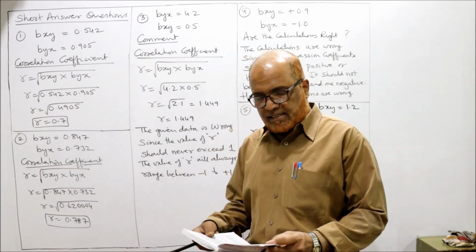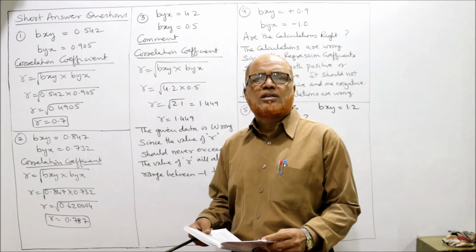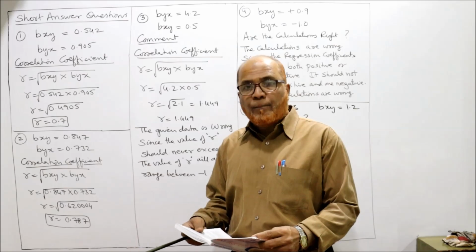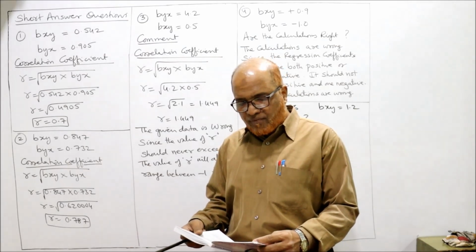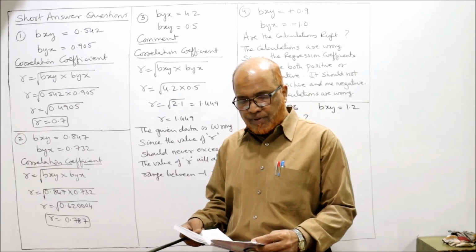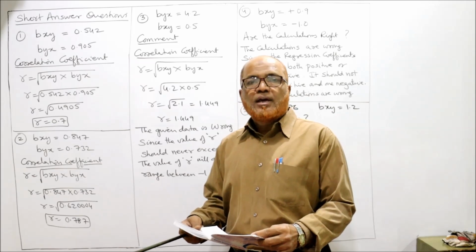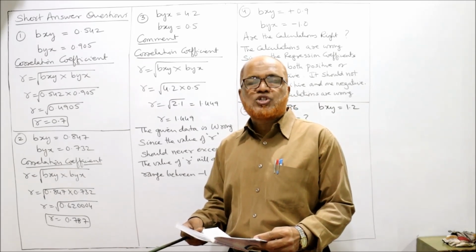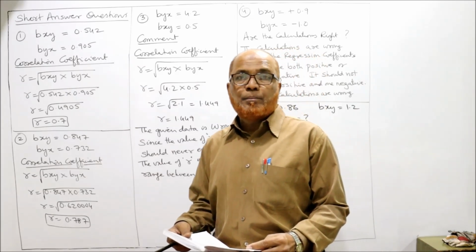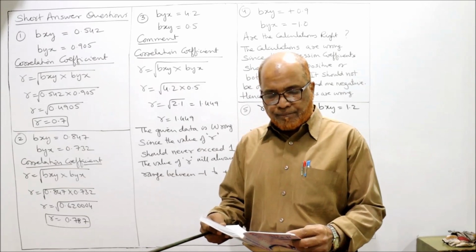The third short question says, comment on the following. You are not required to calculate anything, it is just asking you to give a comment on the sentence given. For a bivariate distribution, the coefficient of regression of Y on X is 4.2 and the coefficient of regression of X on Y is 0.5. एक bivariate distribution में regression coefficient of Y on X 4.2 है, BYX 4.2 है and X on Y 0.5 है.